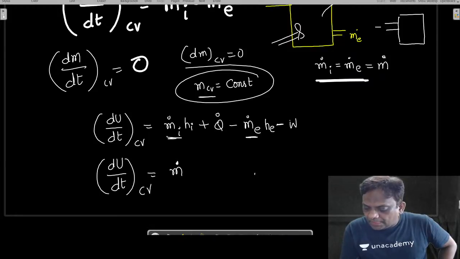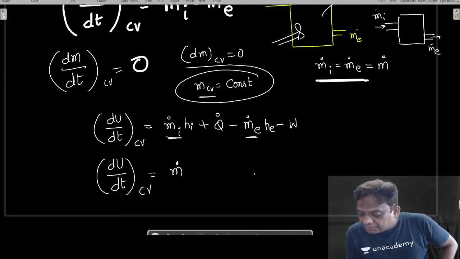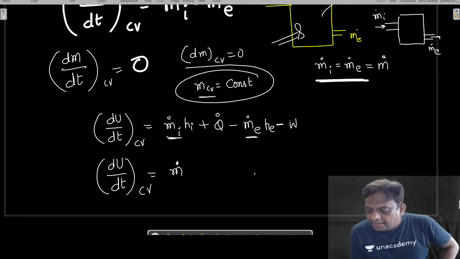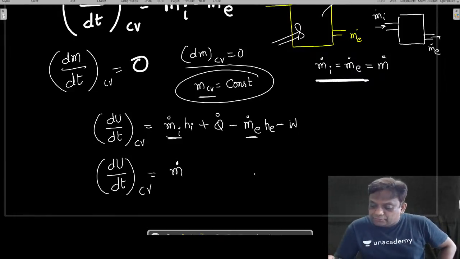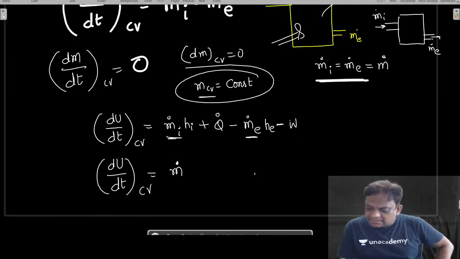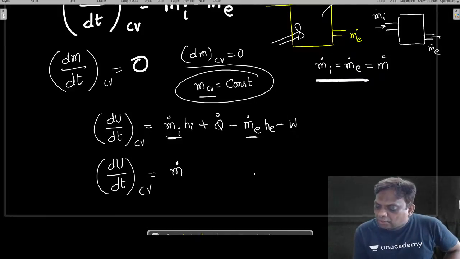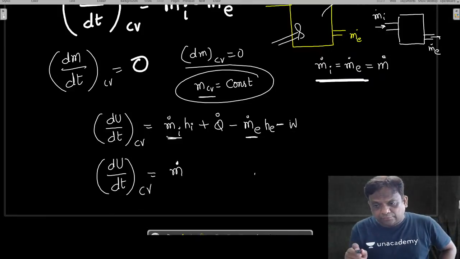This is inlet. This is exit. तो इसको हम m dot से designate करेंगे. कंट्रोल वॉल्यूम मास और ये मास से confuse मत होना.